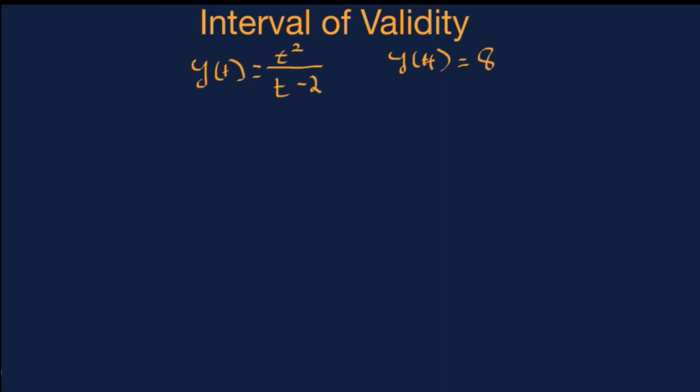So as you can see, our solution is not valid when t is equal to 2, because then that would give us a 0 for the denominator. So that means the solution is valid on the intervals from negative infinity to positive 2 and from positive 2 to positive infinity.